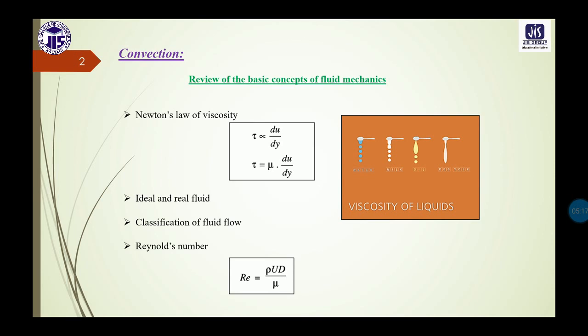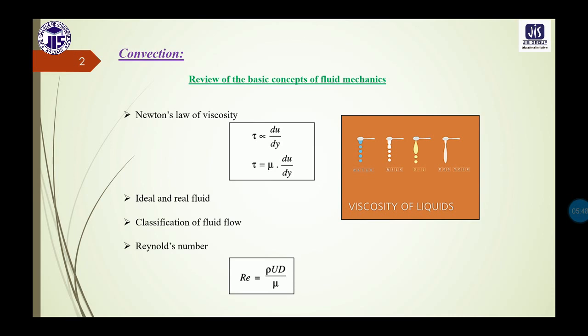Now, how to differentiate between liquids and gases, the two types of fluid? The difference between the two classes of fluid lies in how they behave with their cohesive forces. A liquid, being composed of relatively closely packed molecules compared to gases, has strong cohesive forces.